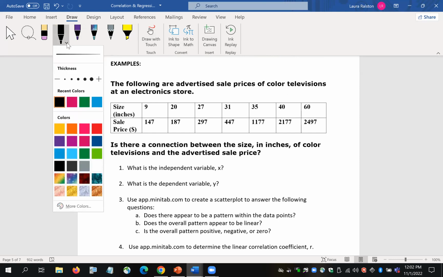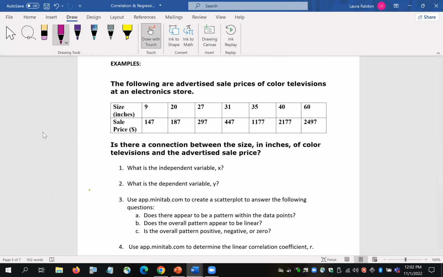Now, again, because Miss Ralston has told you that she's reasonably consistent, it is likely that the top row, which is the size, is our X, and the bottom row is Y. Let's check that and see. Does it make sense if I say the sale price, which is Y, depends on the size?